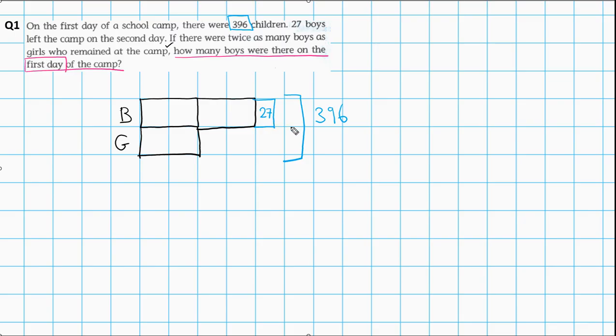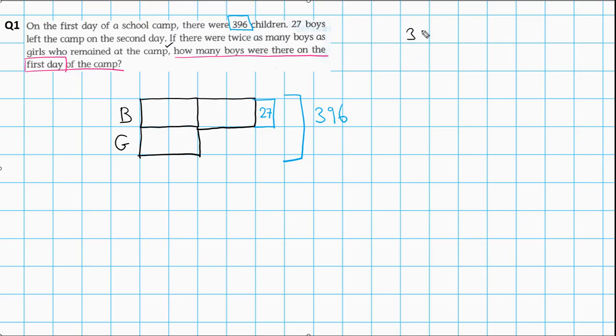Now, what we really want to do is find out what the value of these parts is. These 3 are equal, plus 27 equals 396. If we want to know the value of these 3 equal parts by themselves, we need to take away 27 from 396.